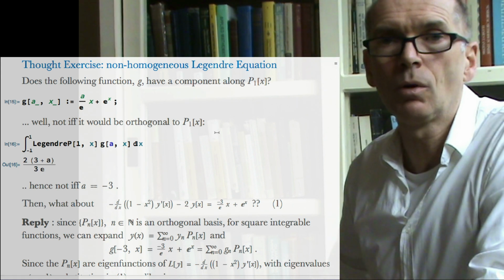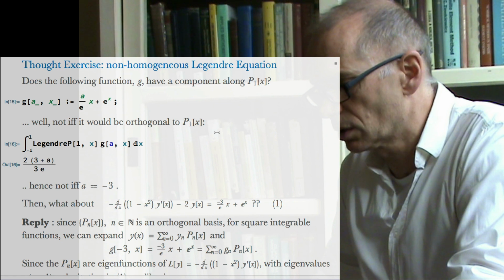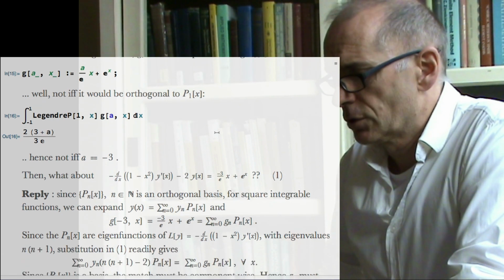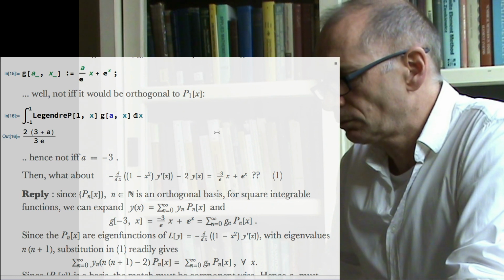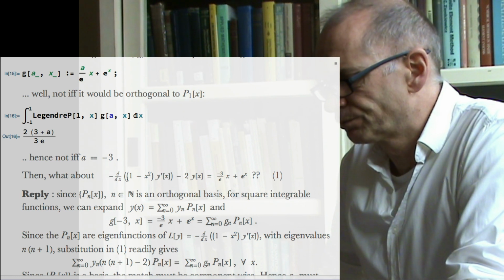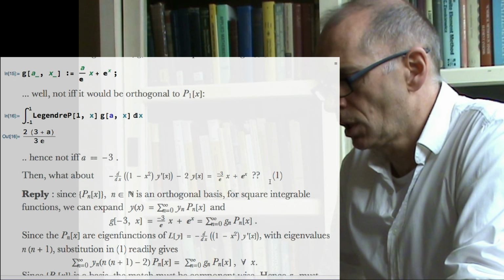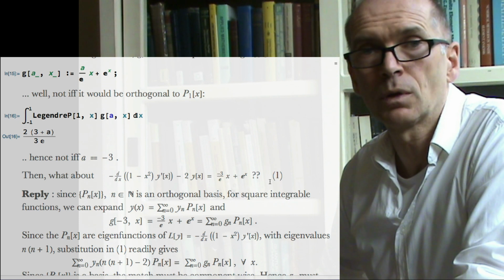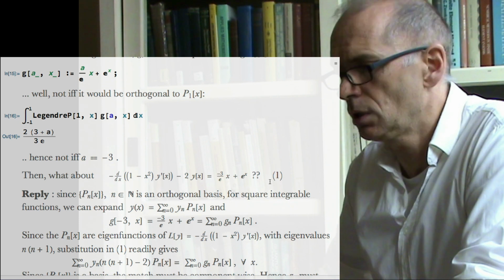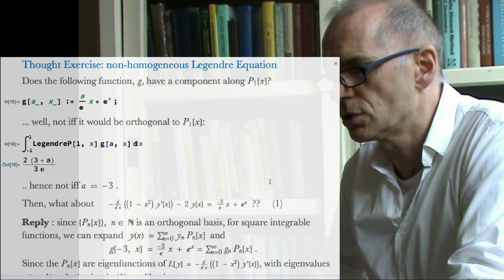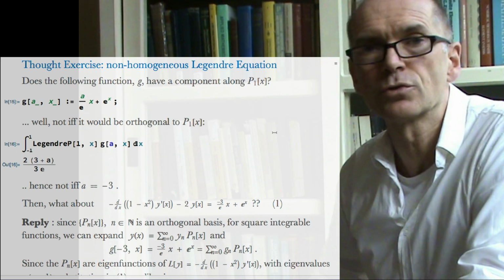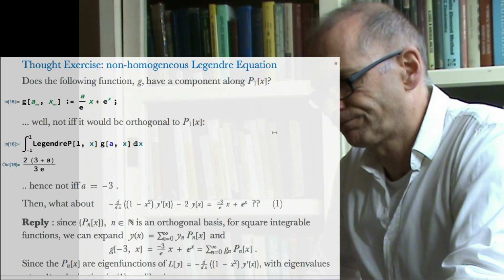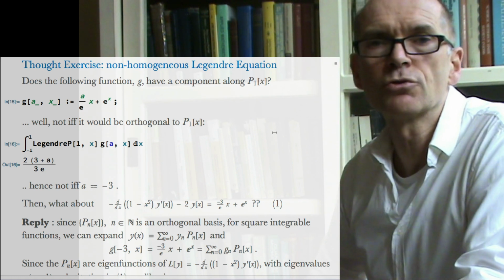Now, that is nice to know, but the next question is one that could emerge at an exam, by the way. Given that, we now consider this equation, which is Legendre's equation multiplied by a minus, with the right hand side. So this is a non-homogeneous Legendre equation, as the title of the slide says. And what could we say about it?